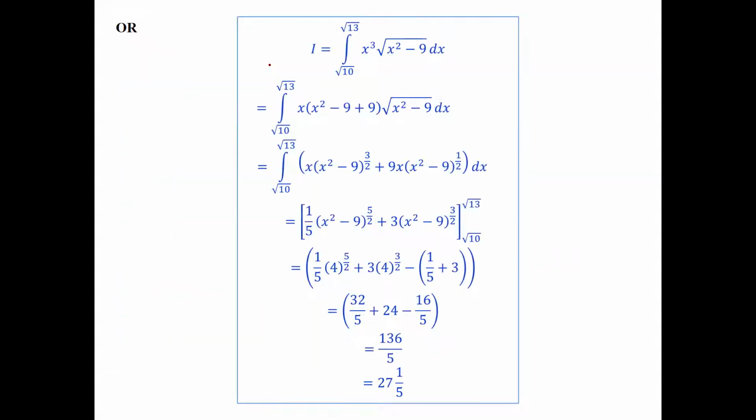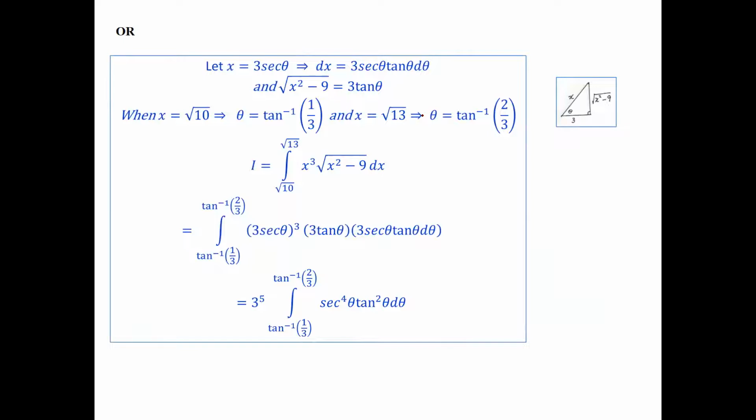Third option is to rearrange x cubed to x squared times x, then split x squared into x squared minus 9 plus 9, then rearrange the splits, and then integrate and evaluate. The next method is to use trig substitution, where x equals 3 sec theta.